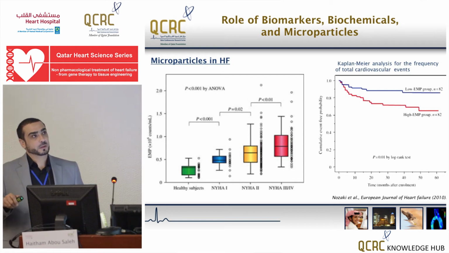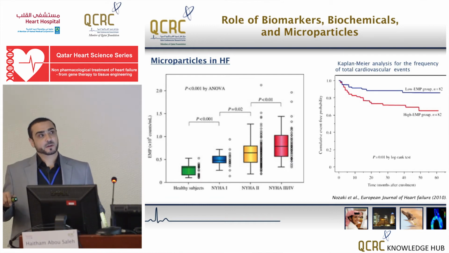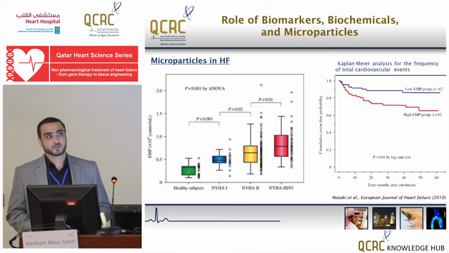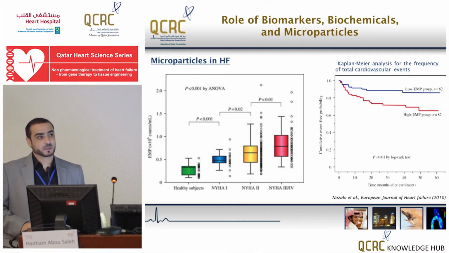When we look at the analysis of the frequency of total cardiovascular events, we find that patients with a high level of EMP have a higher risk of developing a cardiovascular event than the group of patients with a low level of microparticles.